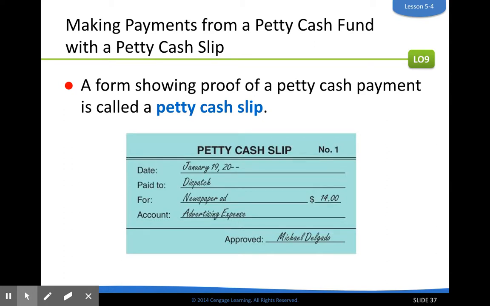Instead of filling out a transaction in the journal for a $14 expense and going and writing a check, it was much easier for Michael Delgado to just give $14 to the newspaper for the ad, and then we'll deal with the transaction later. So we used petty cash for $14, filled out this petty cash slip quickly, and then we had $14 for our newspaper ad.